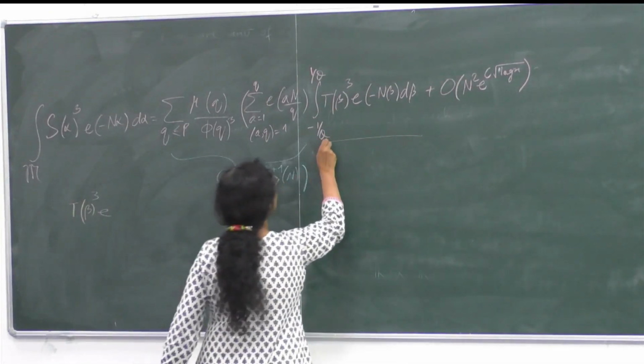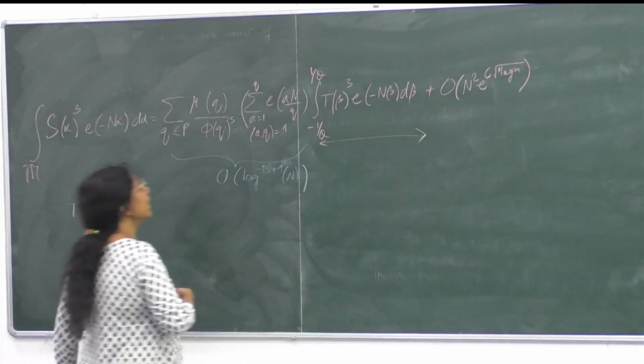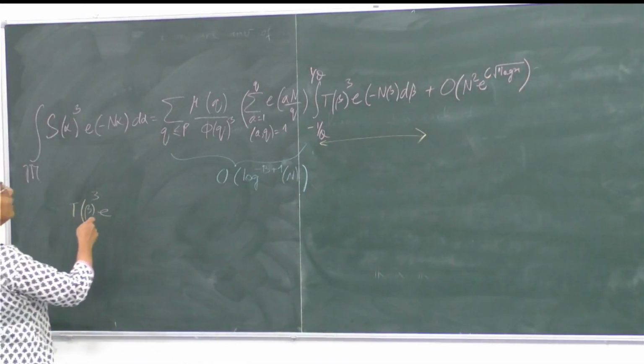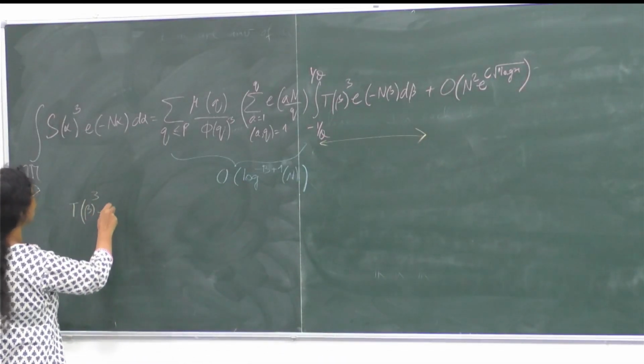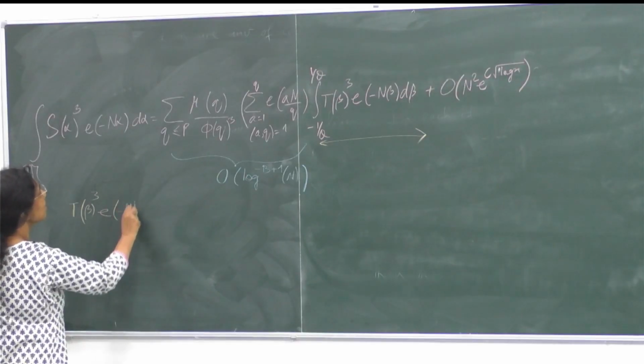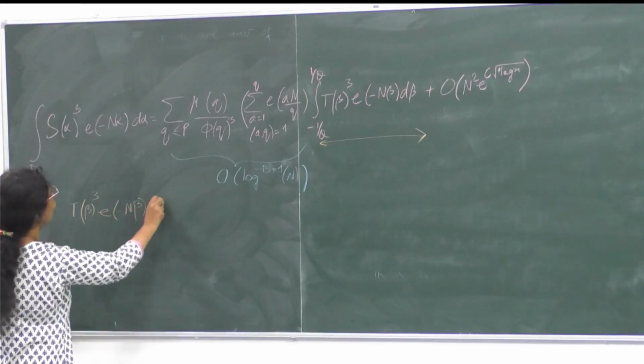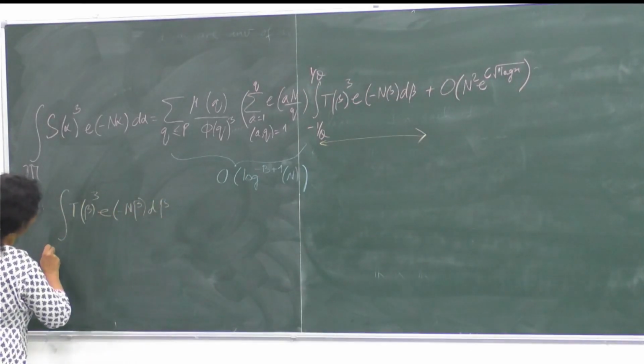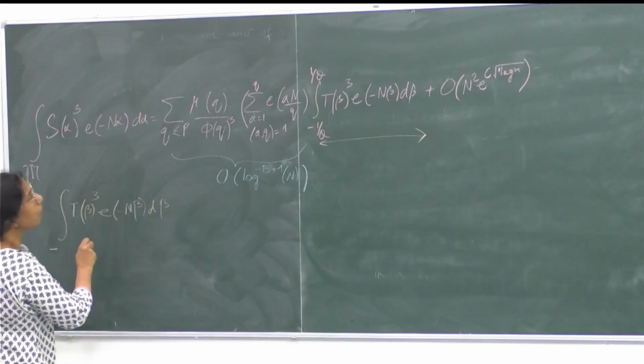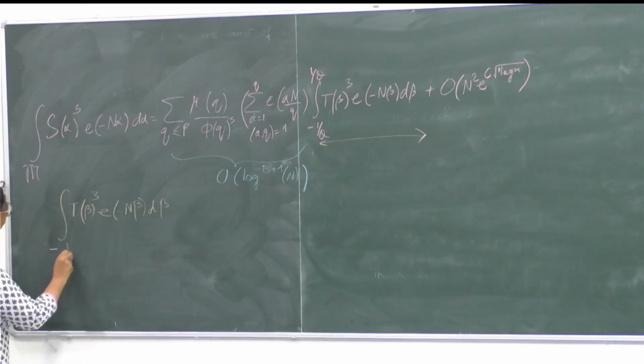Exponential minus n beta d beta, and the integral is between minus 1 by q and plus 1 by q.